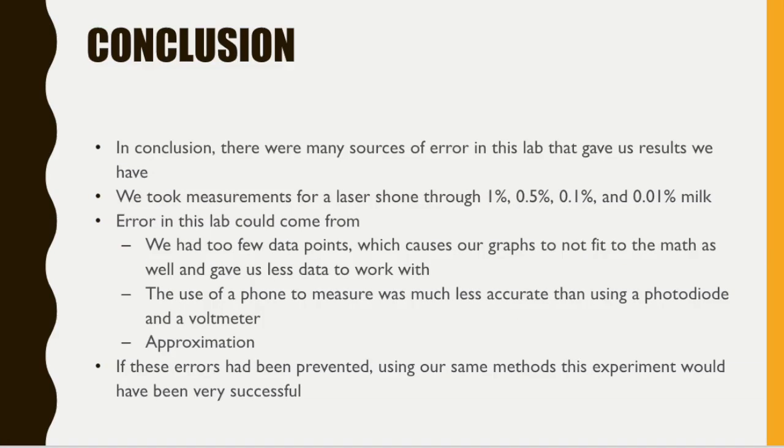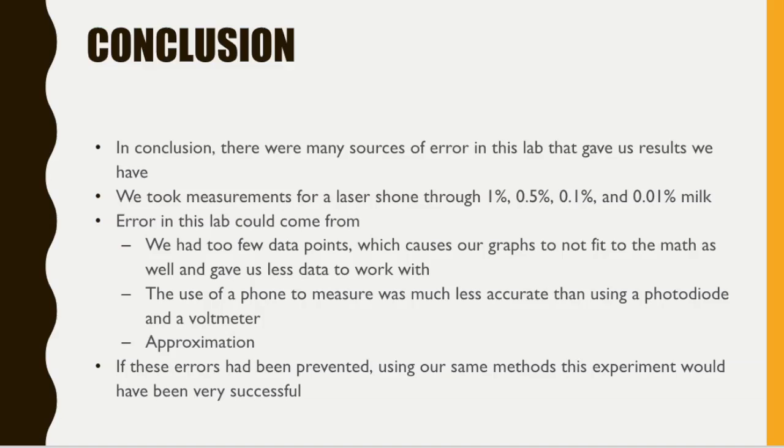So in conclusion, there were a lot of different error sources that gave us the results that we got for this lab. Like she said previously, we could have taken a lot more data points that would improve this lab a lot. And also using a phone to capture the light intensity probably wasn't as accurate as using a voltmeter or something that has more precise measurements or can go into more detail.